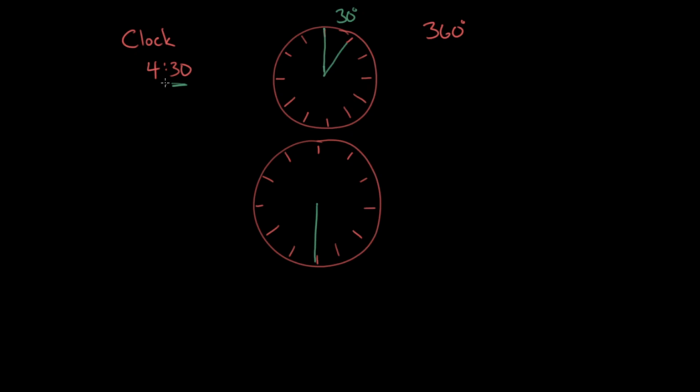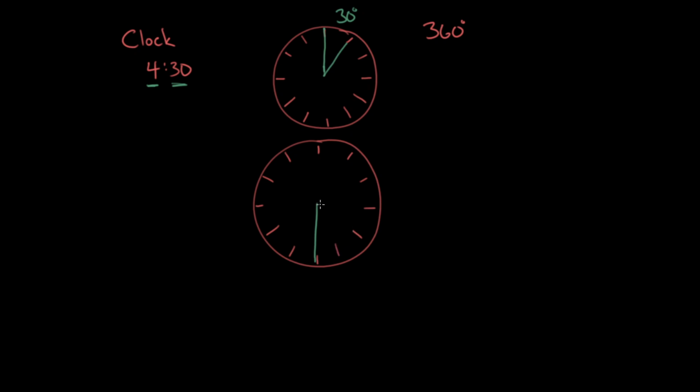The interesting part, and the part we have to be careful about, is where the hour hand is. The hour hand is not on the 4. At 4 o'clock exactly, the hour hand will be on the 4, but then my hour hand slowly moves from 4 to 5 over the course of that hour.